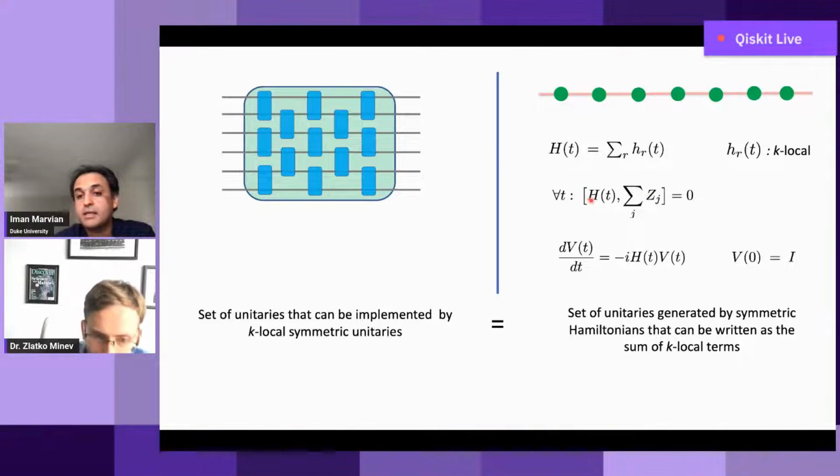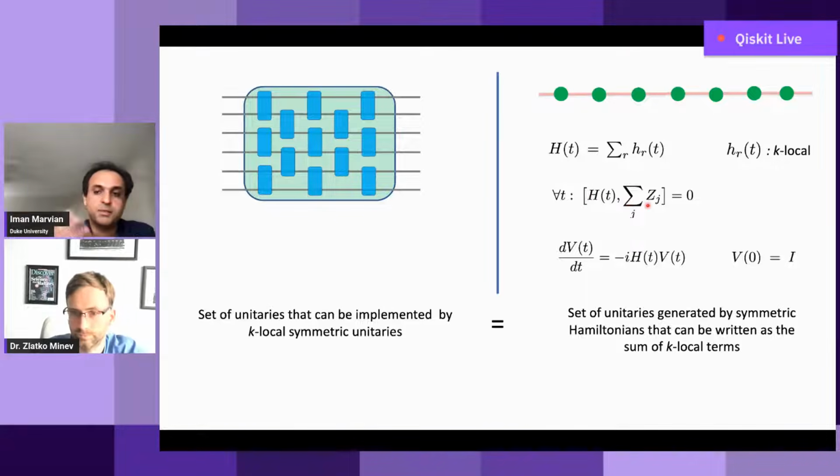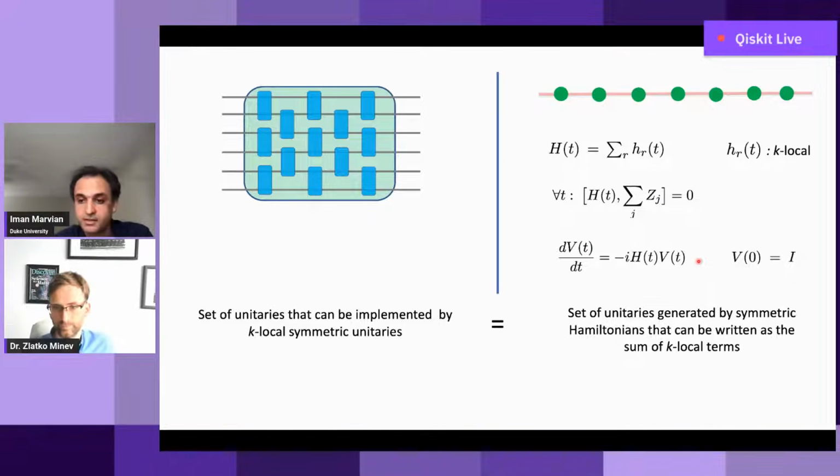I require that the Hamiltonian also respect this U1 symmetry, that it should conserve the sum of Pauli Z operators. Then I look at the family of unitaries that can be generated this way under the Schrödinger equation. Using standard results of control theory, you can argue that the set of unitaries that can be implemented in the continuous dynamics is exactly the same as the set of unitaries that can be implemented by discrete circuits. So these two questions are essentially equivalent.